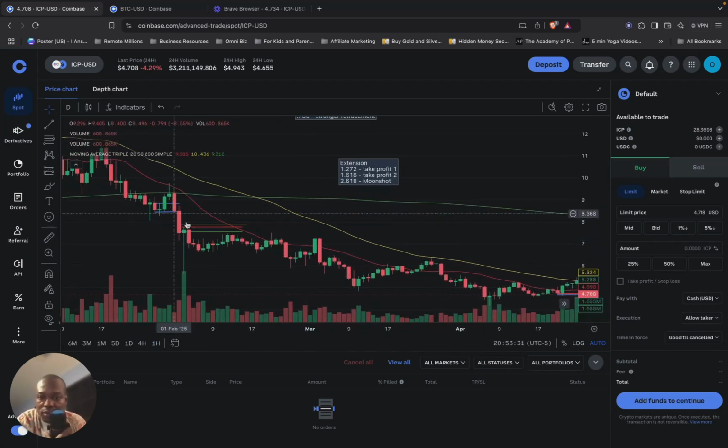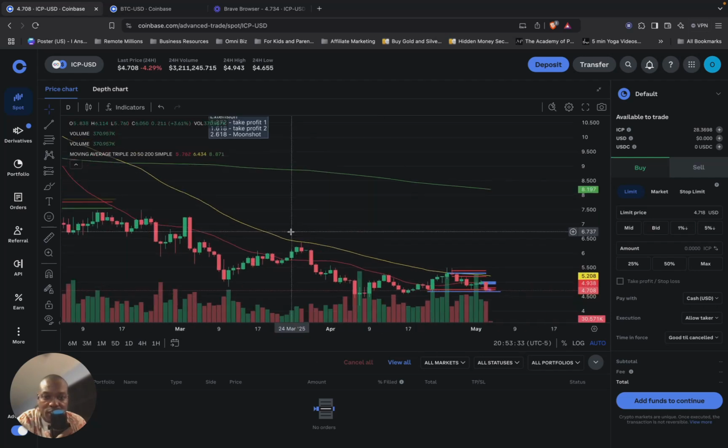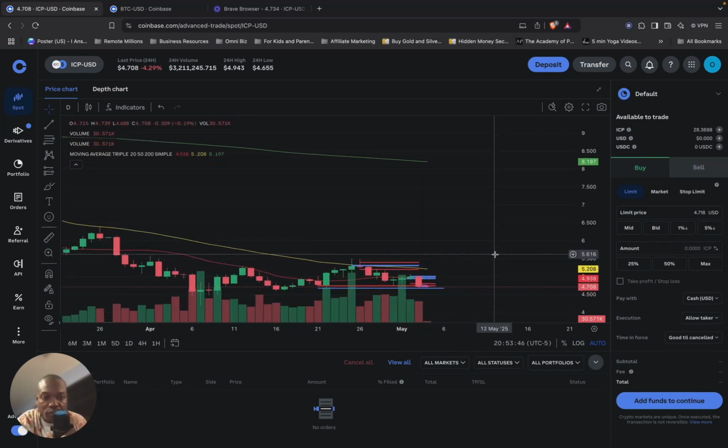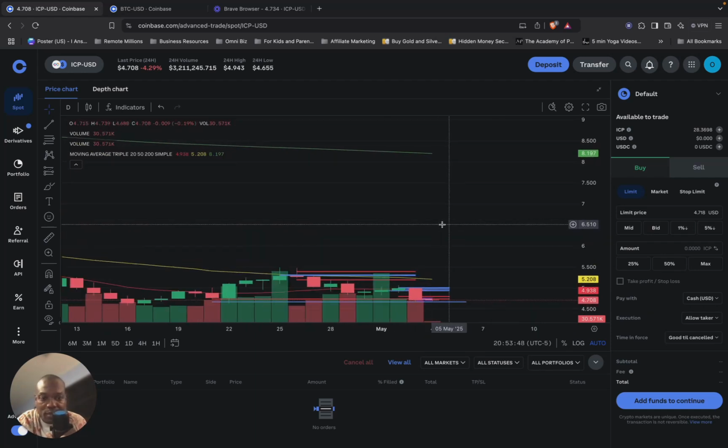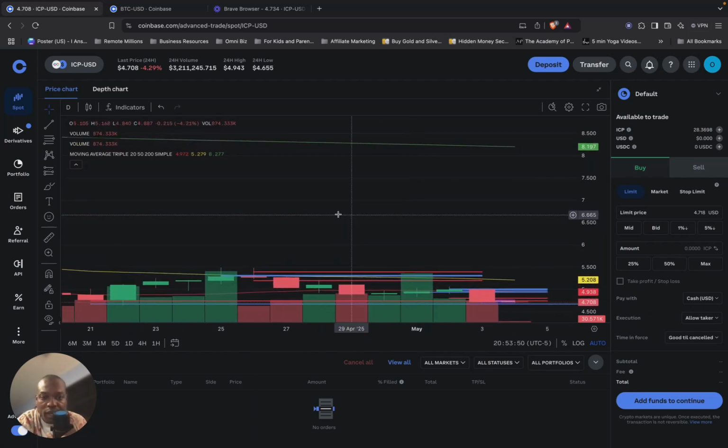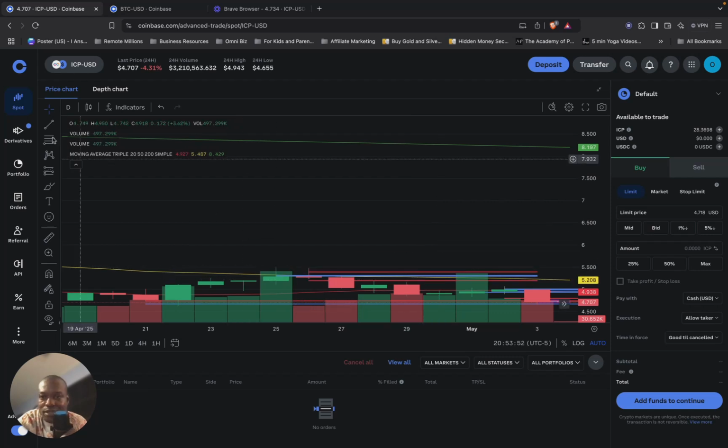I have different support and resistance lines already, like way back there. This is back into February. If you look down at the bottom corner, it says 9 February 25, so February 9th. So this is what ICP is trading right now, and I did a lot of this today.